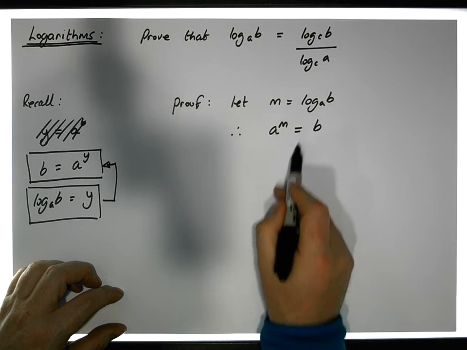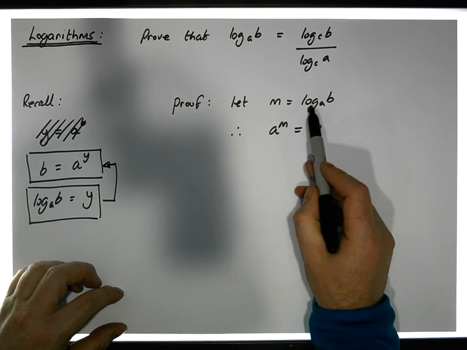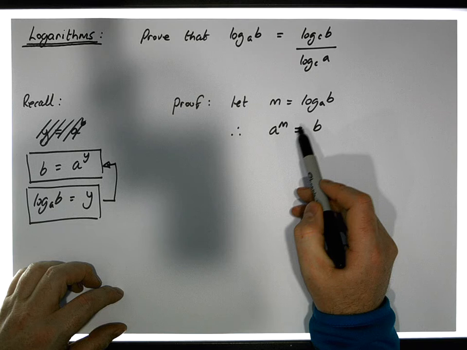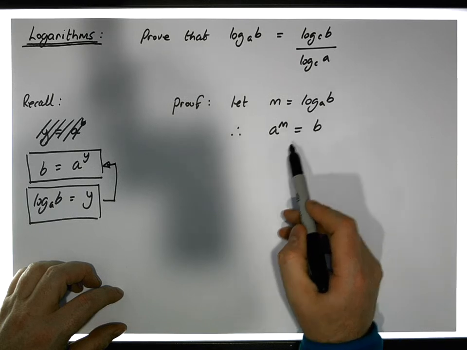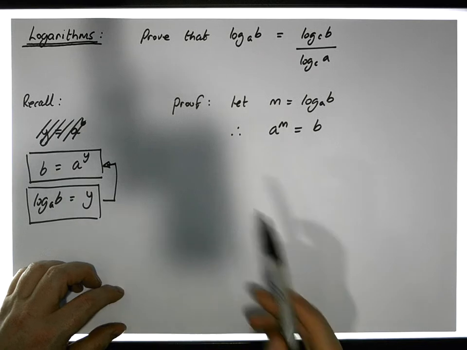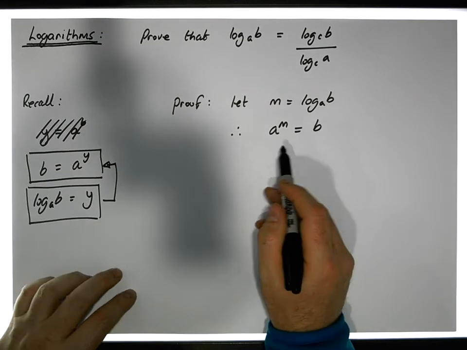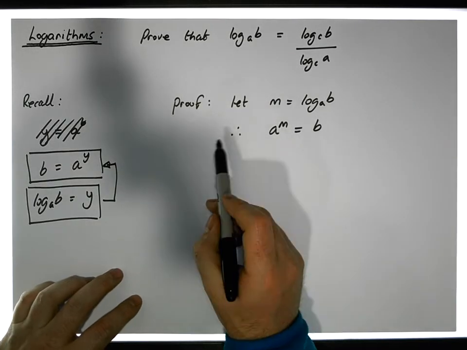That's what it means to be a logarithm: log of b to the base a is what power a should be raised to in order to achieve the value b. So this is based on the definition. Now what we'll do is take the log of both sides.